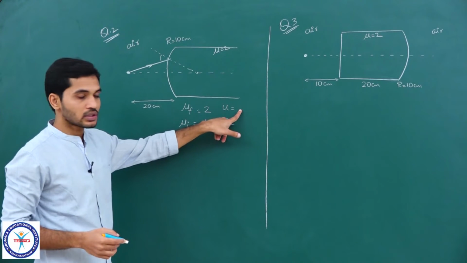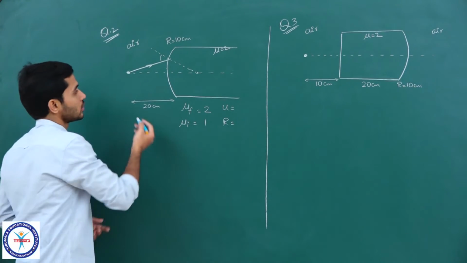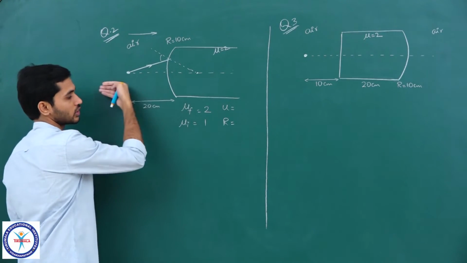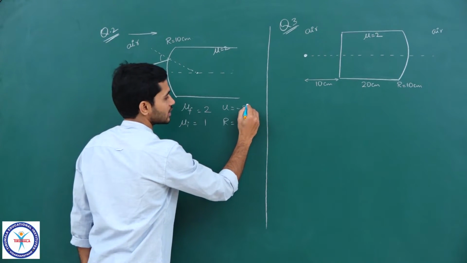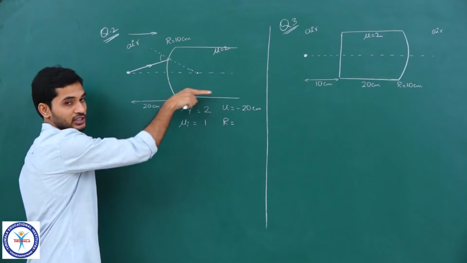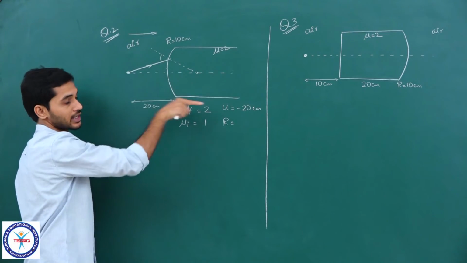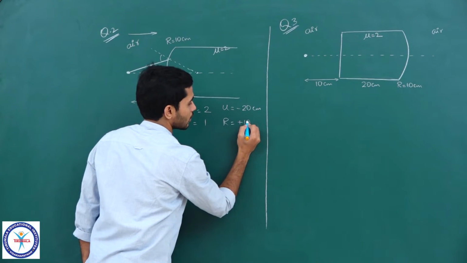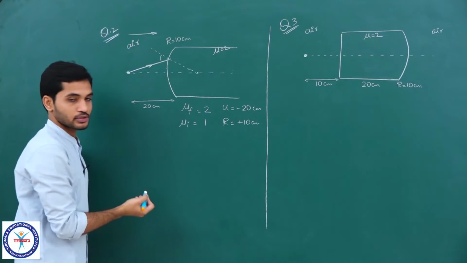Should I write 20 here or minus 20? It should be minus 20, because this is the direction of incident ray, object is on this side. So, minus 20 centimeters. What about r? Center of curvature is on that side, same direction as the incident rays. So, plus 10, and the rest is just substituting, right.